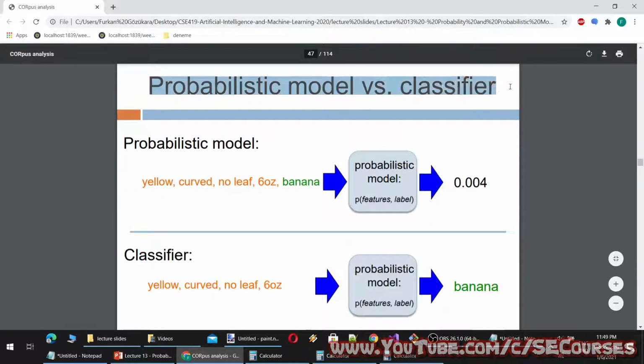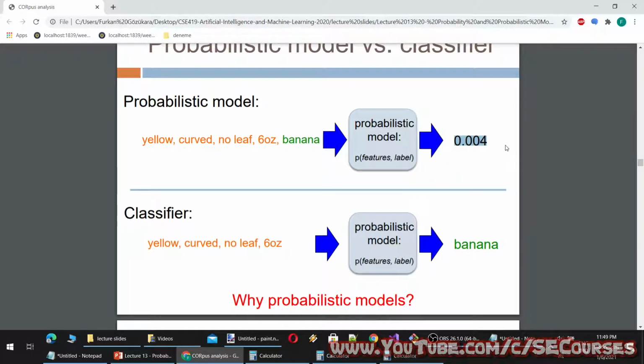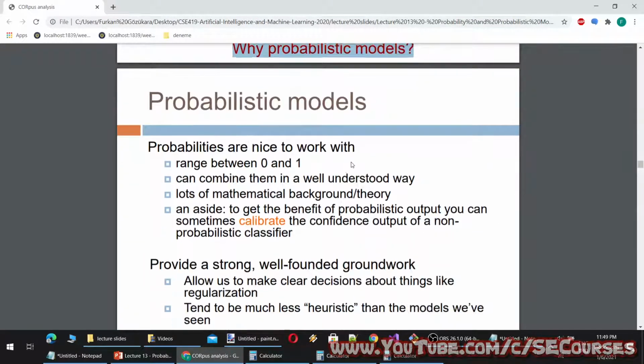So, probabilistic model versus classifier. The classifier tells us a single answer, saying it is 100% banana. However, the probabilistic model tells us that it is this much percent a particular label, and another percent another label. So why should we use probabilistic models over classifiers?